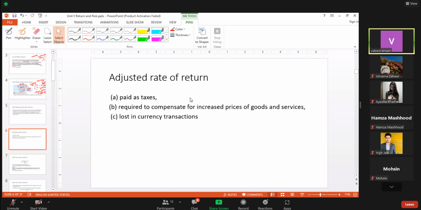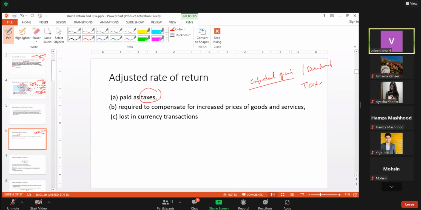Now, this is not the complete story. What happens is that when a return is calculated, a part of it may also go, for example, as capital gain tax, or if some person receives dividend, they may be subjected to tax.